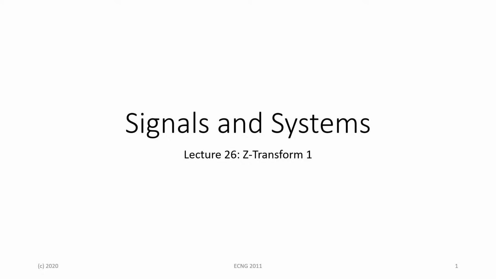So the lecture today, which is going to be the first Z-transform lecture that we're dealing with, is basically going to introduce us to the Z-transform and something we're going to refer to as the region of convergence. And what we're going to see throughout the lecture is that the region of convergence basically determines the stability of our discrete time system. And what we saw so far is that for continuous time systems, the associated transform is the Laplace transform.